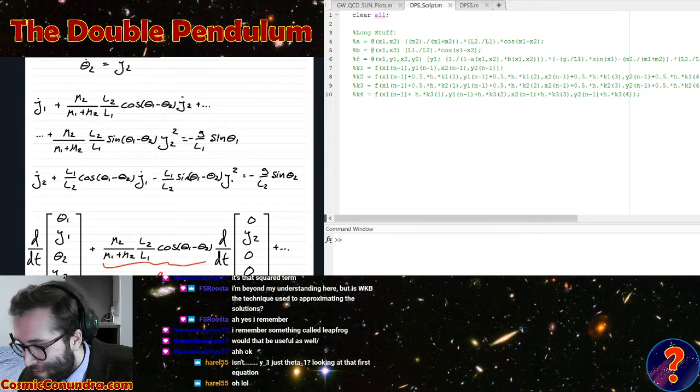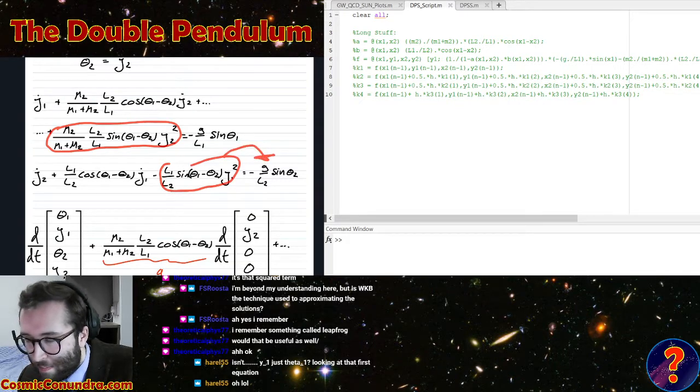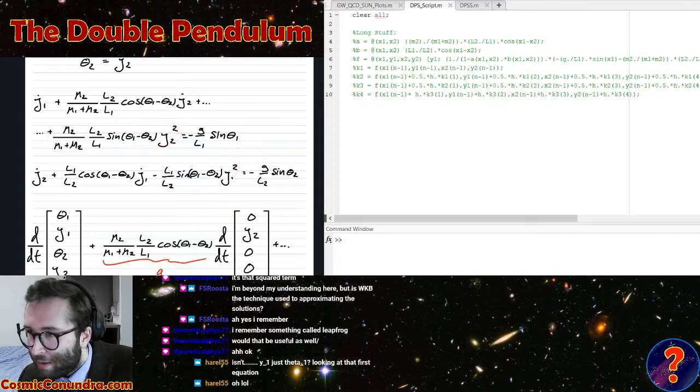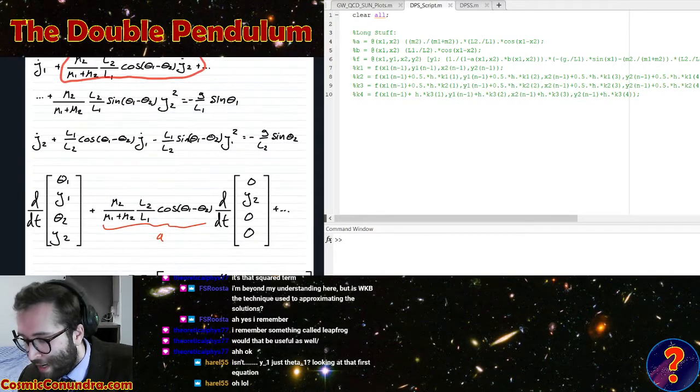I move everything that isn't a time derivative, terms like this and terms like this, over to the right-hand side, keeping all the time derivatives on one side.